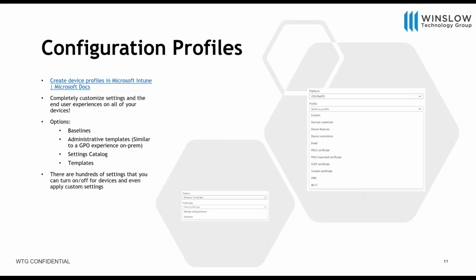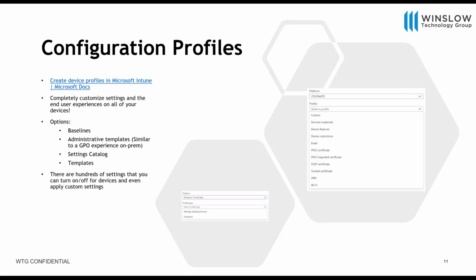Another area that we're going to take a look at is going to be configuration profiles. This, at the end of the day, if you're trying to relate it back to something that's going to be on-premise, would be similar to what a group policy could be. So within the Intune platform itself, if you were going to make a configuration profile, I kind of gave some examples there in the screenshots of what you might be deploying.